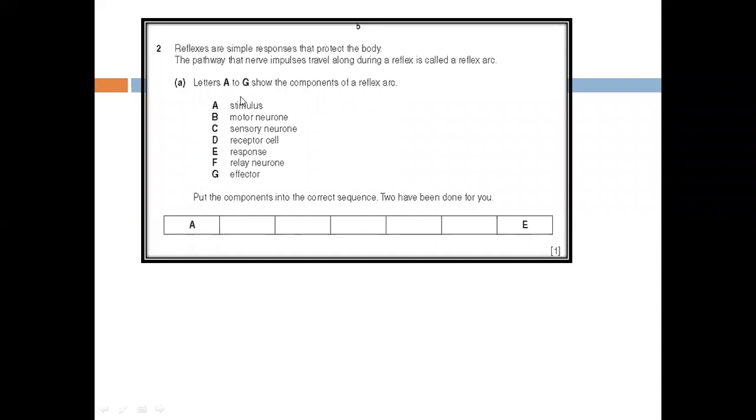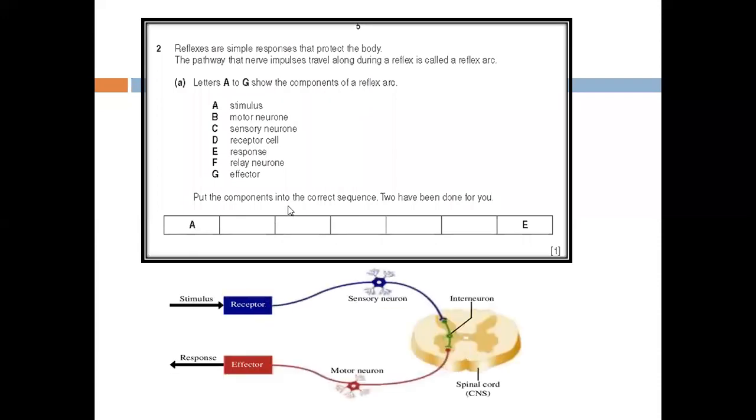Okay, so labels A to G show the components of the reflex arc. So let me tell you what a reflex arc is. After that, we will come to our question. First of all, there should be a stimulus, like a change in the environment. If it is an internal stimulus, a change is necessary.